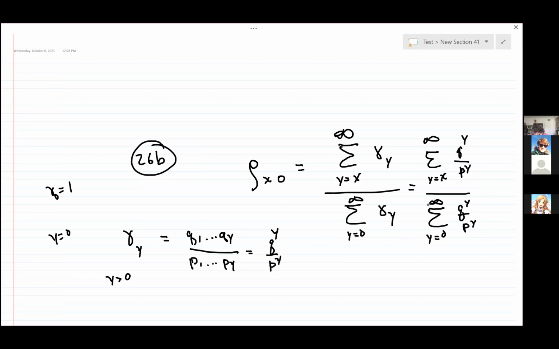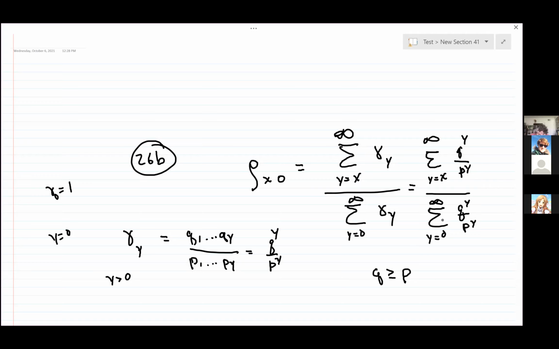The difficulty is now what? We're assuming that Q is greater than or equal to P. So these are geometric series, but they're diverging geometric series. So what does it look like?